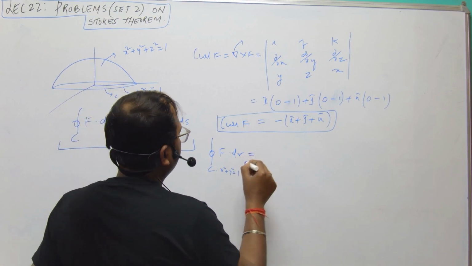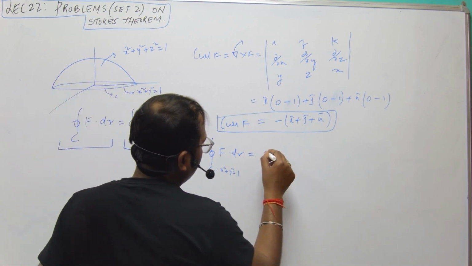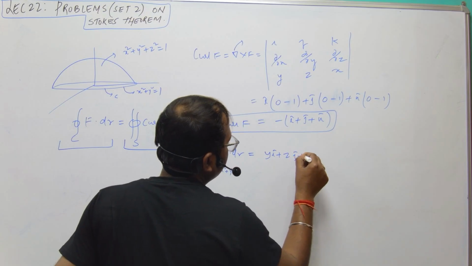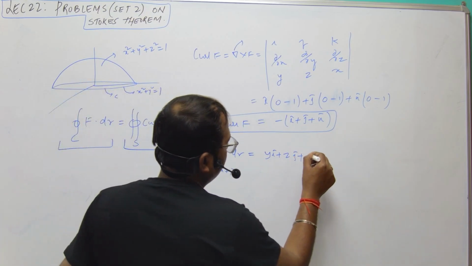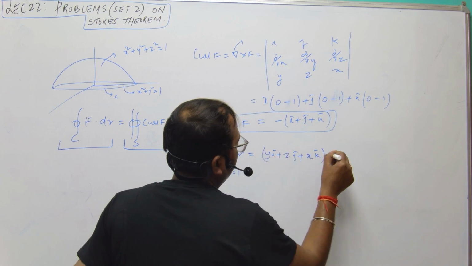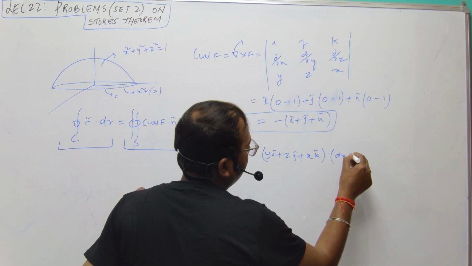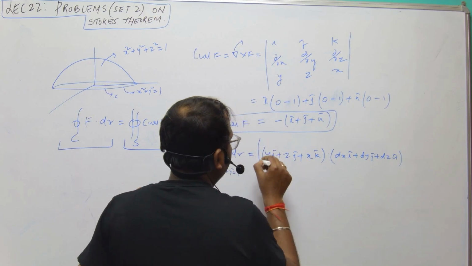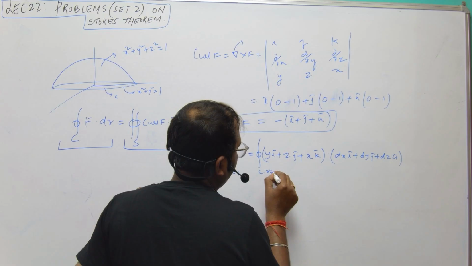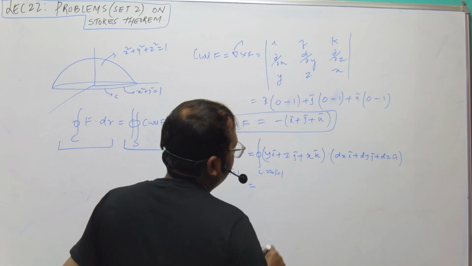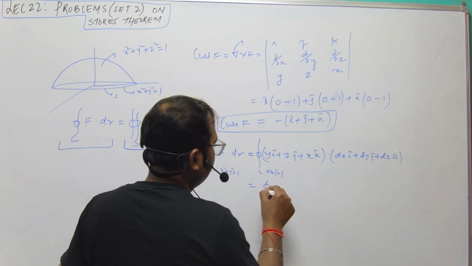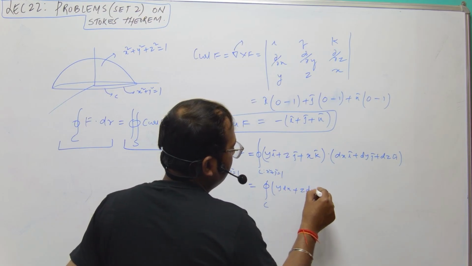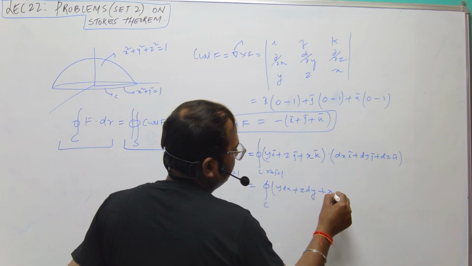Placing the value of F, this is y i cap plus z j cap plus x k cap dot dr, where dr is dx i cap plus dy j cap plus dz k cap, along the curve C. Simplifying further, along the curve C this is y dx plus z dy plus x dz.